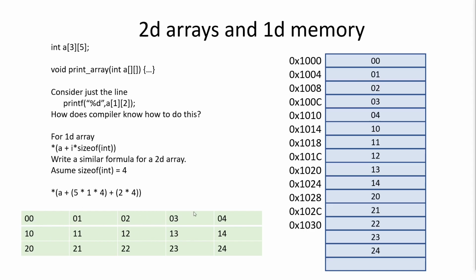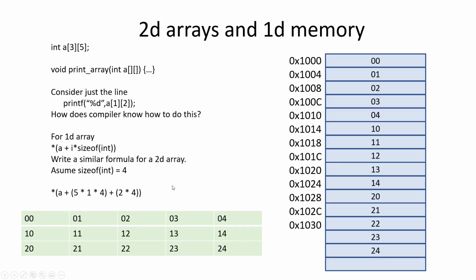So if I were looking at something in the top row here, this would be a 0. I'm looking at row 1, so I need to jump down by 5 elements, 1, 2, 3, 4, 5, to get to this starting address right there. And then each of these are 4 bytes, and I'm assuming the size of an integer is 4 for this example. Then I need to move over by 2 more places. So this is my 2 right there to go 1, 2 to get to the 12.